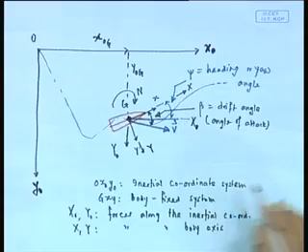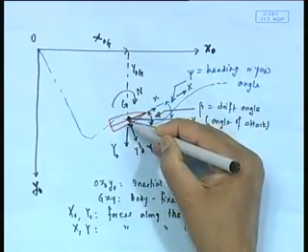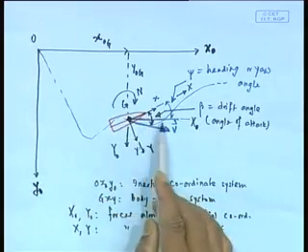Two more things let us also put. Velocities: on this side my velocity is y dot og, and on this side my velocity is x dot og.